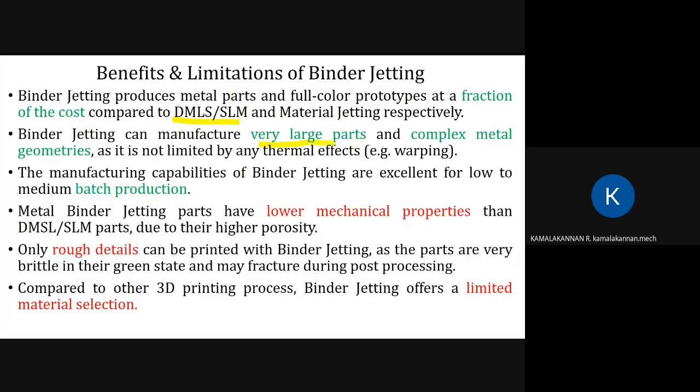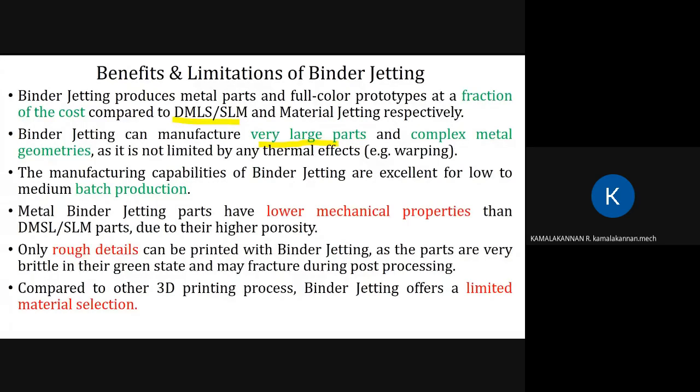You can make huge parts that is possible in the binder jet. 3000, I'm sorry, 2200 length is possible in the binder jet, but in other technologies you can go for only 1500.